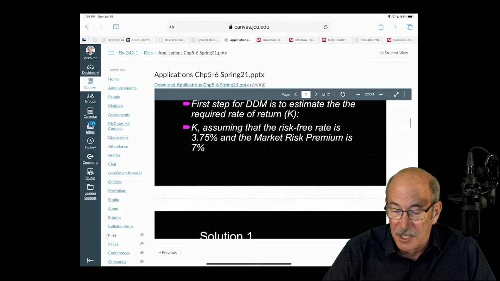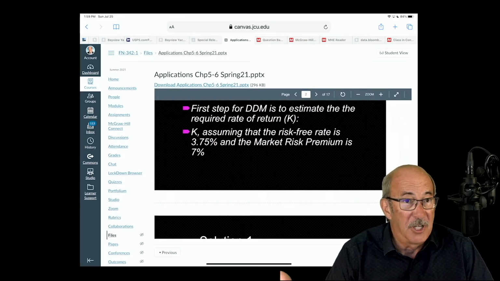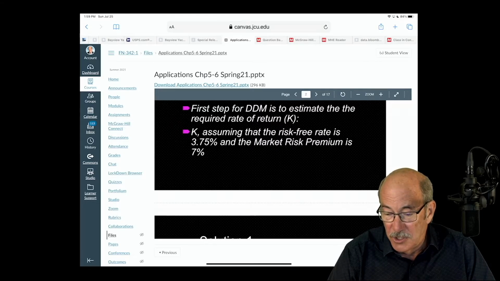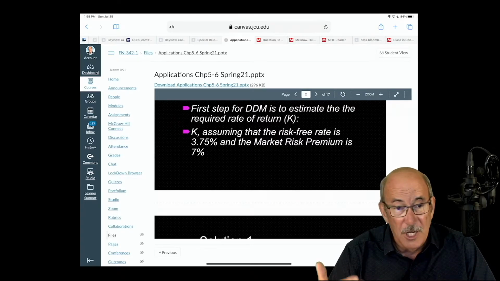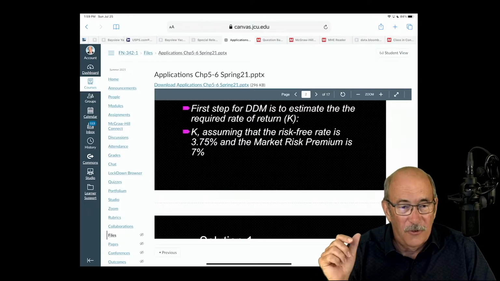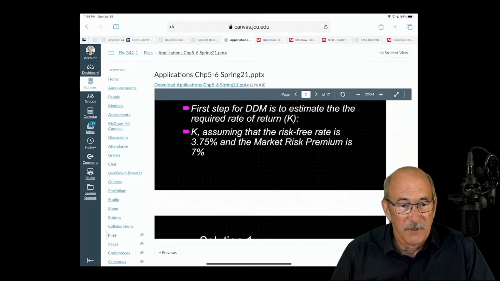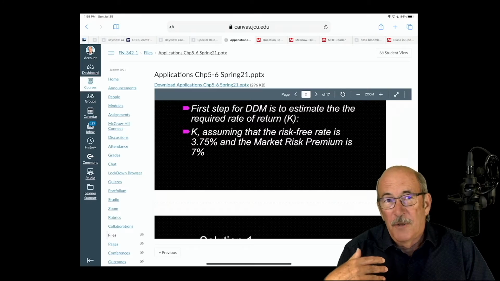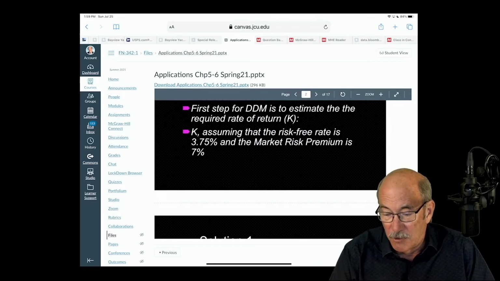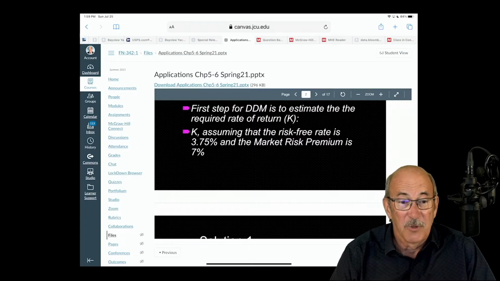The key thing, when you're reading a problem, and you'll see this in the homework and certainly on the midterm exam, is that you're either given the return on the market or you're given this market risk premium. If you're given the market risk premium, that's already subtracted out the risk-free rate. We could calculate the return on the market; that would have been 10.75%.